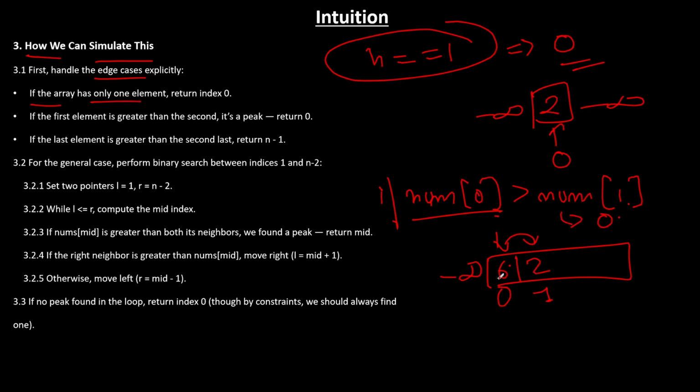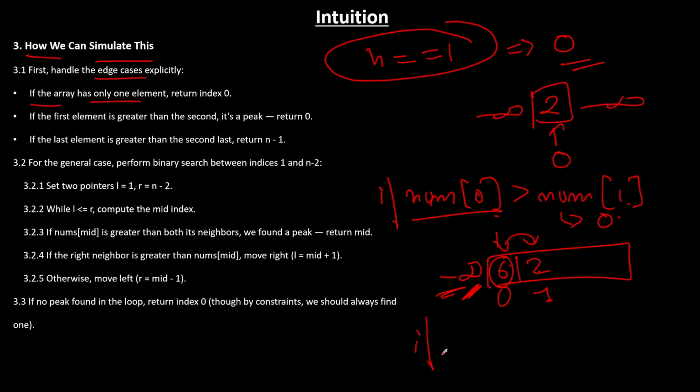Why? Because anything before index 0, which is out of bound, is always negative infinity. That is why this 0th index value will always be greater than that value. And since the index 1 value is also smaller than the index 0 value, we'll return 0 in that case.